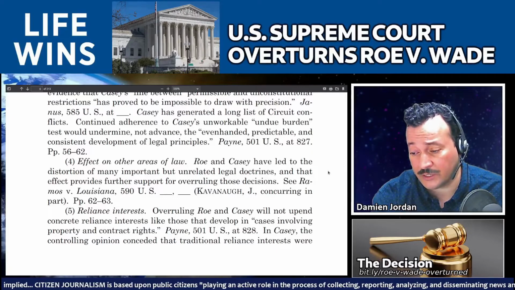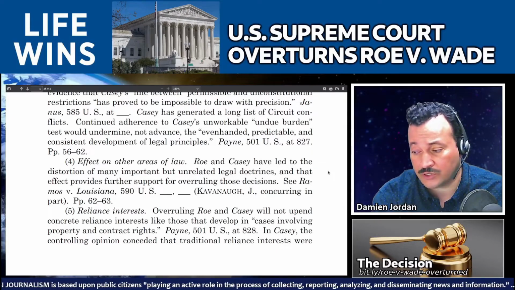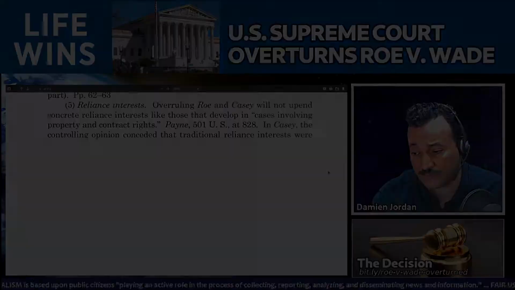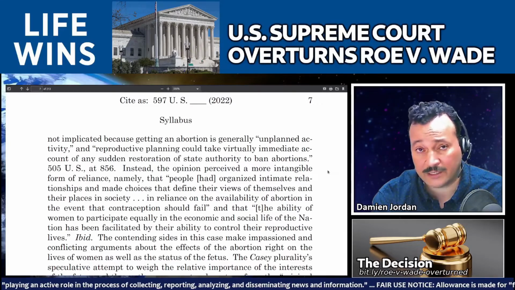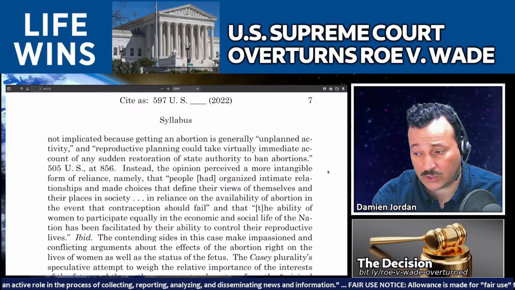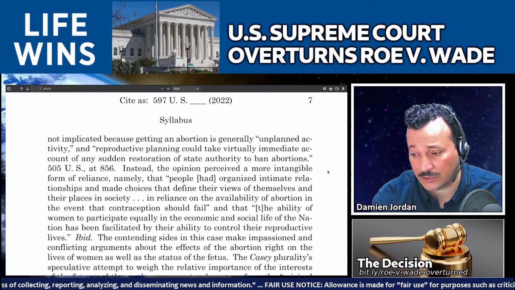In Casey, the controlling opinion conceded that traditional reliance interests were not implicated because getting an abortion is generally "unplanned activity," and "reproductive planning could take virtually immediate account of any sudden restoration of state authority to ban abortions."